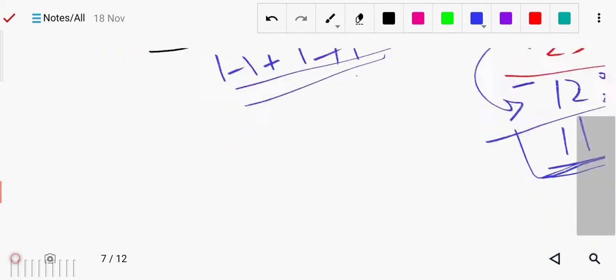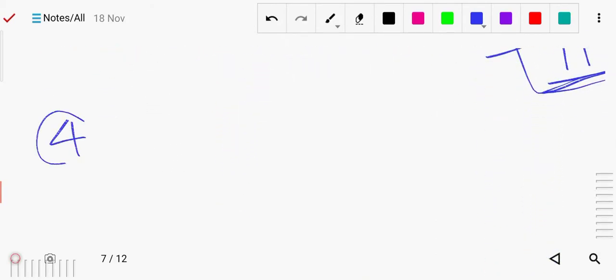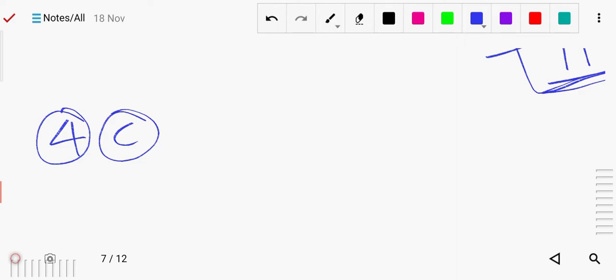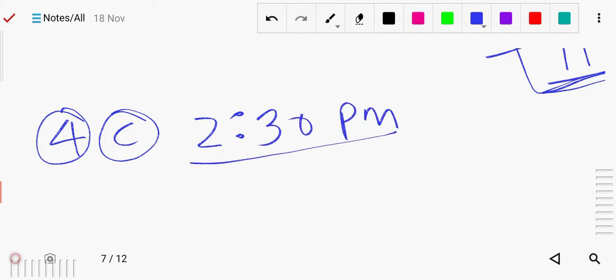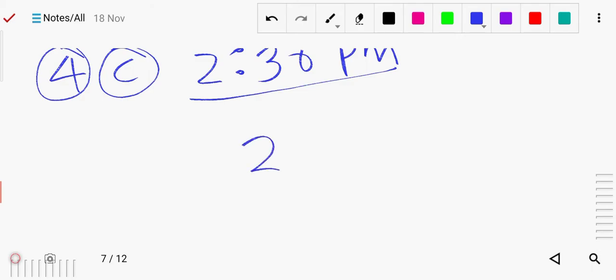Now one more question from the same question number 4, which is part C, 2:30 PM. In this 2:30 PM you have to subtract 5 hours. This is the hour part, here is the minute.